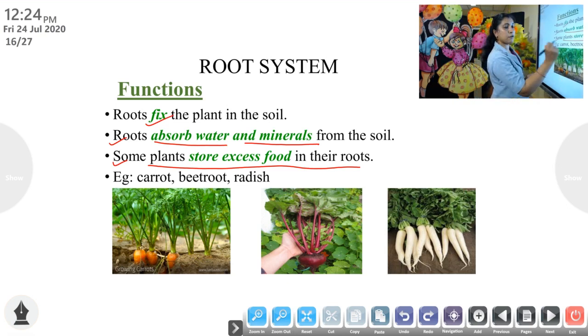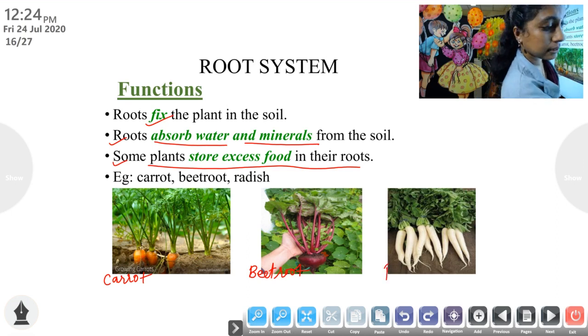Examples of plants that store excess food in their roots. Which are they? What is this? This is carrot, right? What is this? Beetroot. What is this?